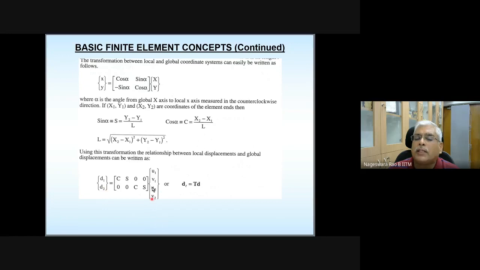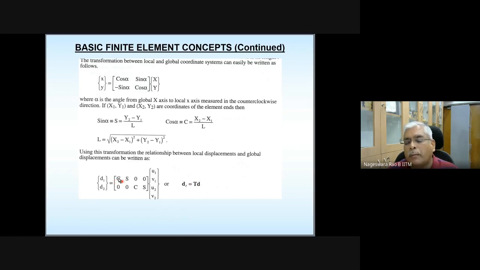This is the global displacement vector. The local displacement vector is denoted by keeping a subscript L for D. And whatever matrix you got is denoted by T, the transformation matrix. So this is the relation: the local displacement is related to the global displacement through this T.